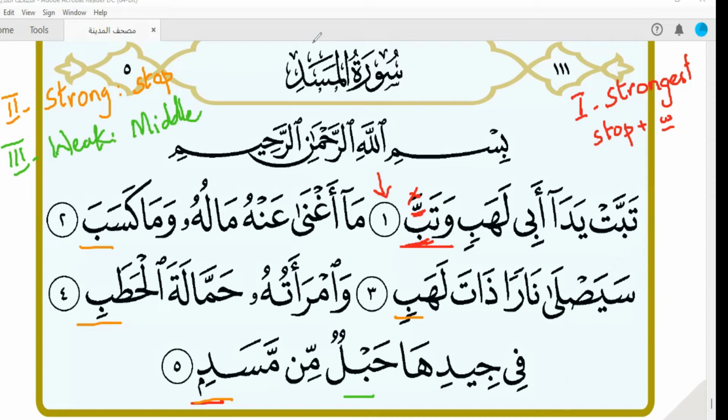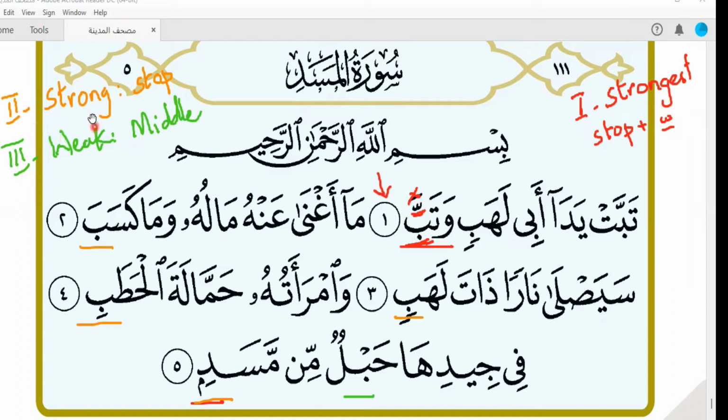So, three levels of qalqala. The first one is the strongest, which happens when you stop at a qalqala letter with a shadda. There is only one example of that in Surah Al Masad: watab. You stress and you open your lips for the qalqala.